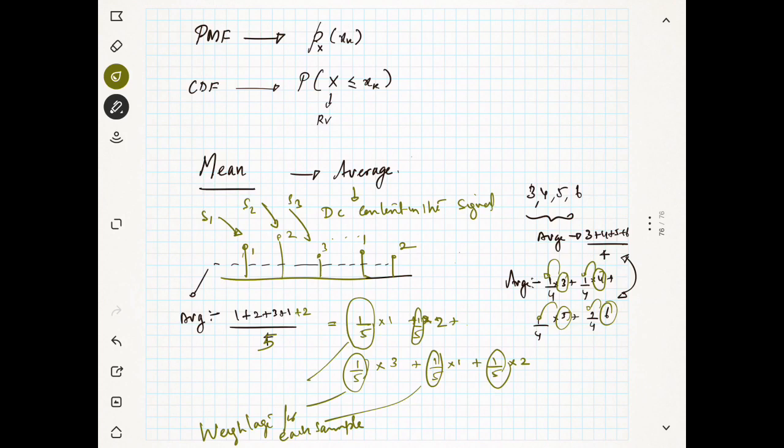Now in terms of probability theory, why are we defining this mean? Suppose you have a noise signal. I am talking about the discrete time signal, not the continuous time signal, because I am talking about the discrete distribution.